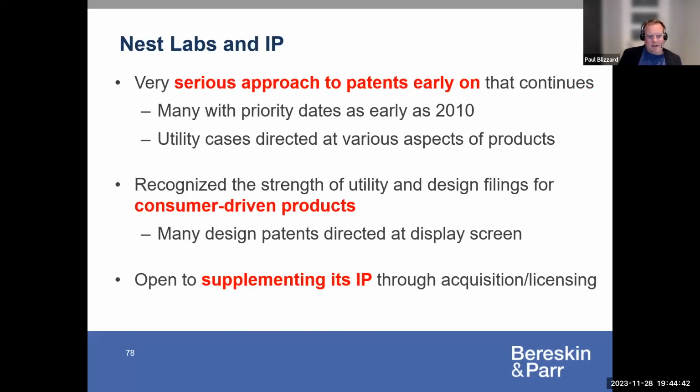So you can see Nest, by virtue of the fact that it's a commercial product, had a very serious approach to patents, and they still do. They have a lot of cases that they've licensed in that have early priority dates, and they've also built their own portfolio as well. One of the main strategies they undertook was not only developing their own IP, but also licensing in from others.